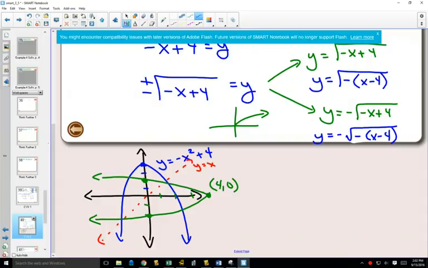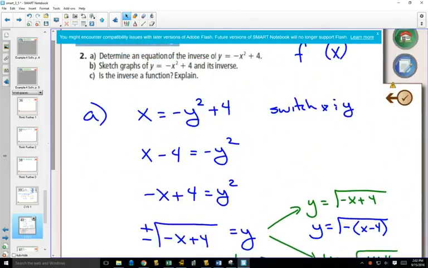The second one, you would flip it down, then flip it over the x-axis, then move it 4 to the right, and that would draw the bottom half. So both of those square root graphs are drawn, and putting two square root graphs together will make a sideways parabola. Is the inverse a function? No. It doesn't pass the vertical line test.